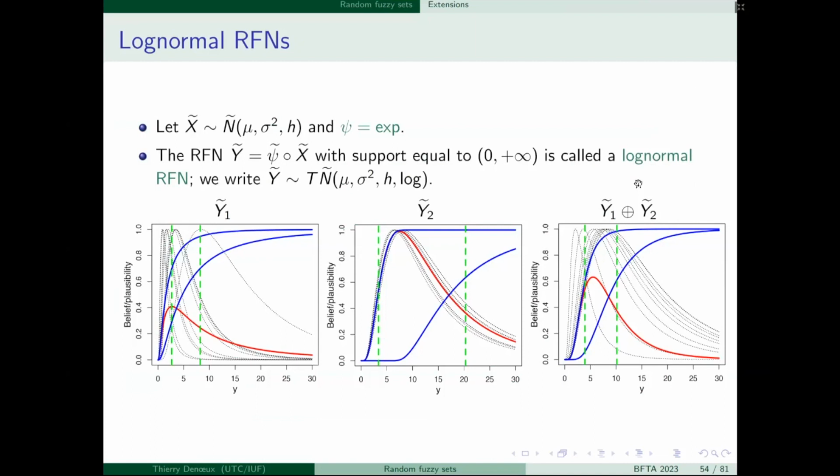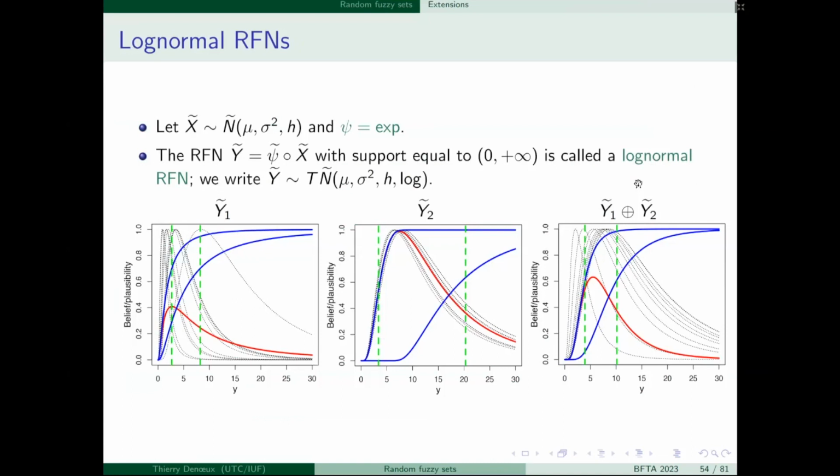And so here I show two examples of such log normal random fuzzy sets. I represent them, because it's not easy to represent, by showing in red the contour function, in blue the lower and upper CDF, and some random draws of the possibility distribution, and these are the lower and upper expectation, which I didn't speak about. We can compute the expression. So here there are two such things.